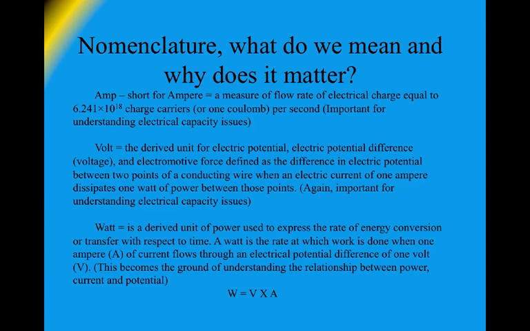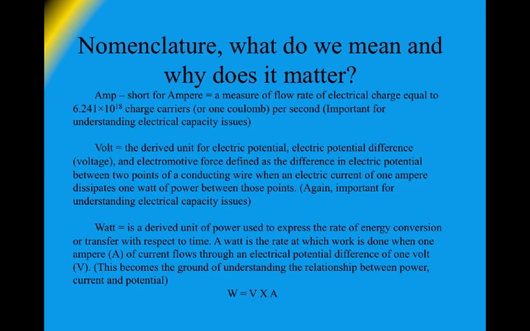And finally, for this slide, wattage. We start with a watt, which is the derived unit of power used to express the rate of energy conversion or transfer with respect to time as well. A watt is the rate at which work is done when 1 ampere of current flows through an electrical potential difference of 1 volt.